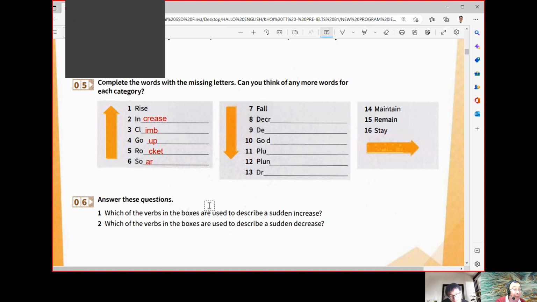Another word for rise, Koi, is soar. So rise means to increase, to climb, to go up, to rocket, to soar. So we do have five different words synonymous to the word rise.